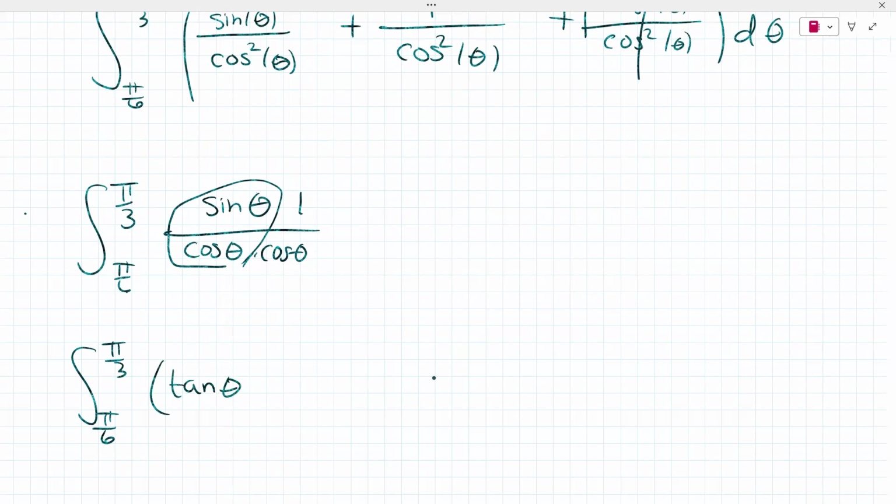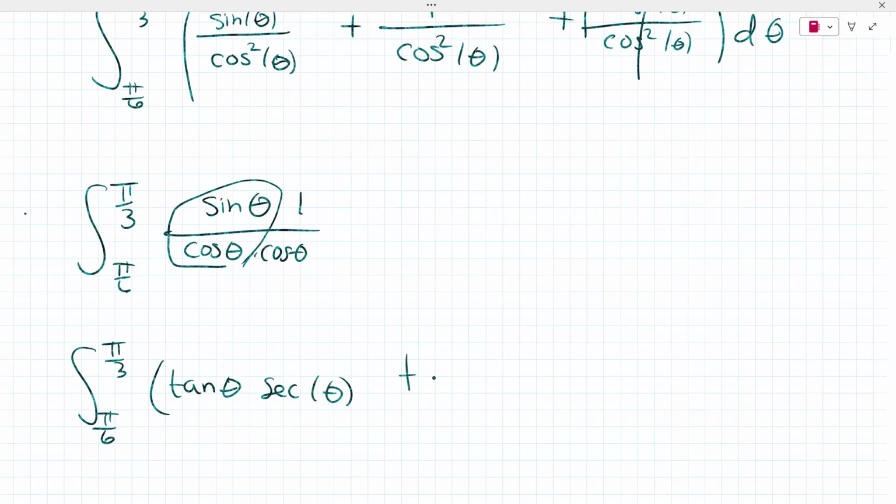And then times 1 over cosine theta. 1 over cosine theta is the same thing as secant theta.